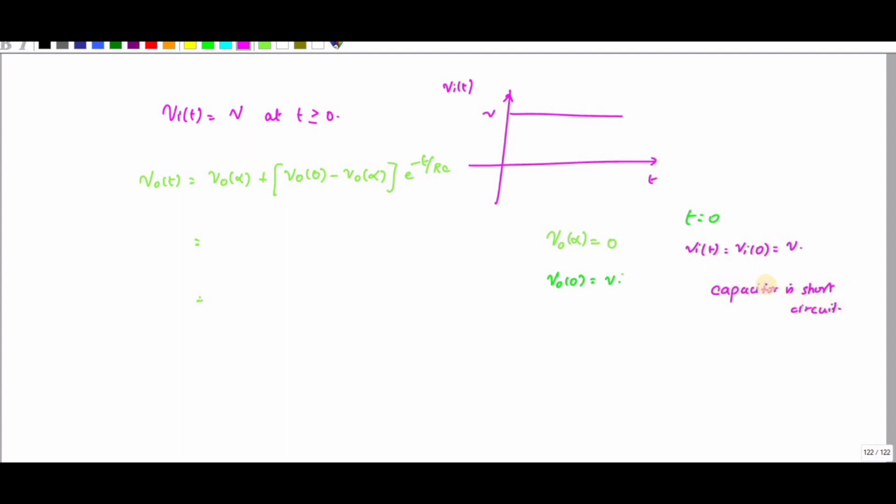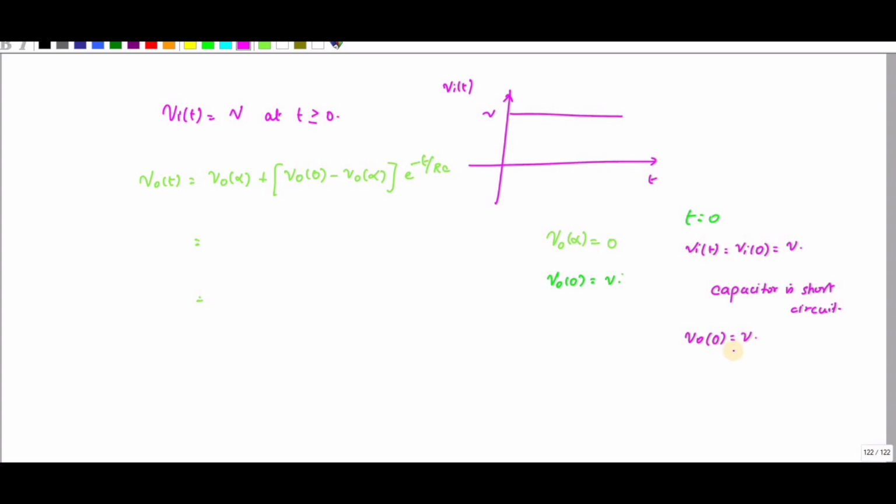If it is short circuited, whatever the input voltage will appear at the output. So V0 of 0 is equal to V. Okay, this is the initial case.